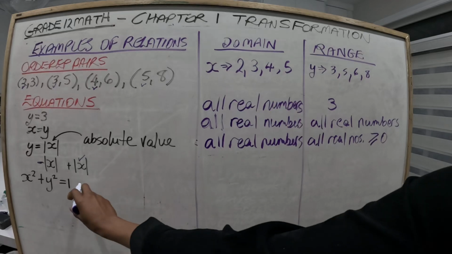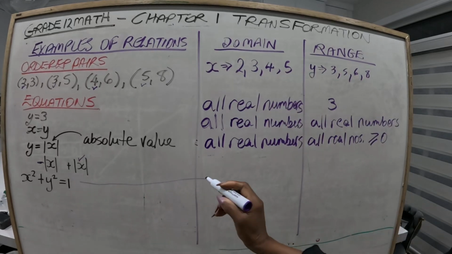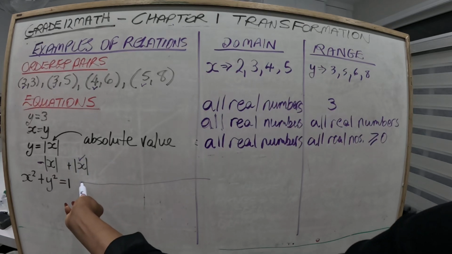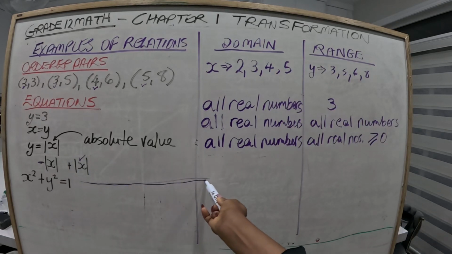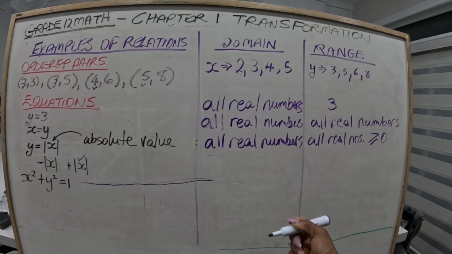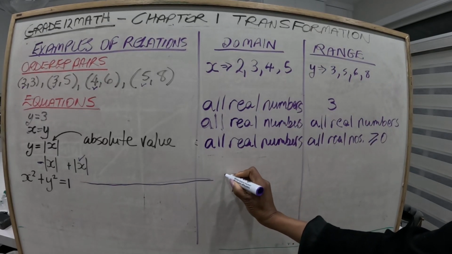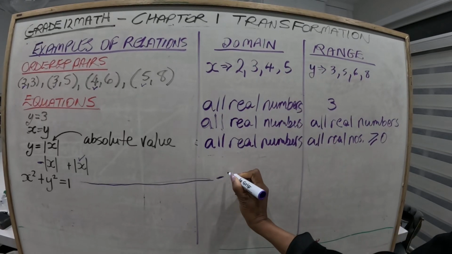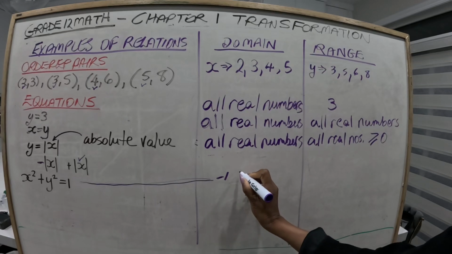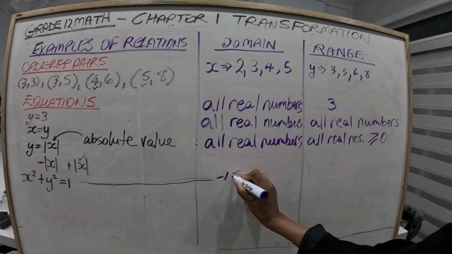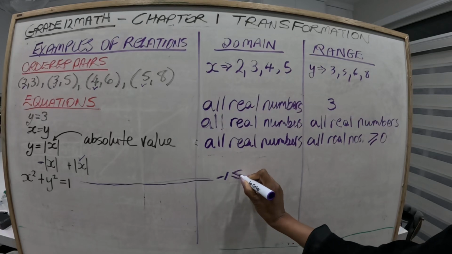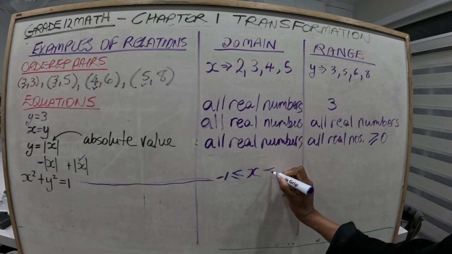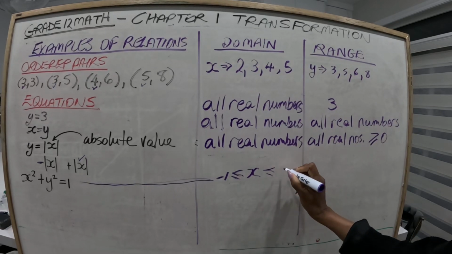The domain for this one is -1 is less than or equal to x, which is also less than or equal to 1.